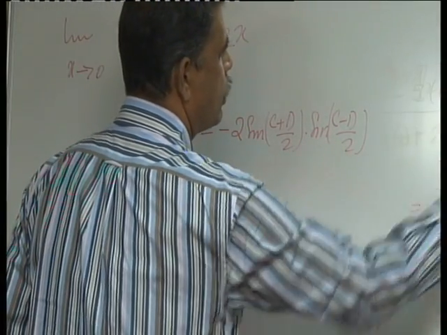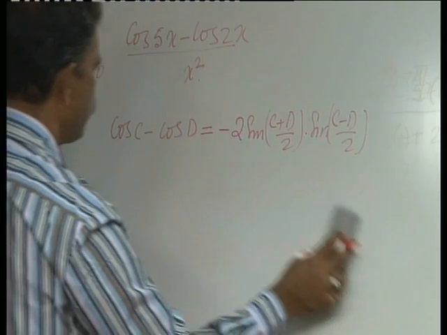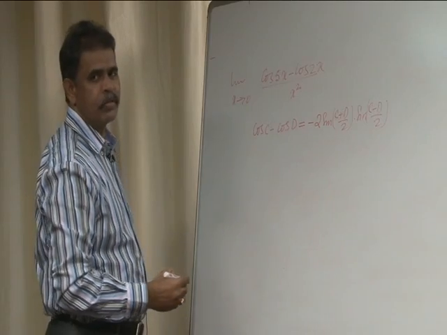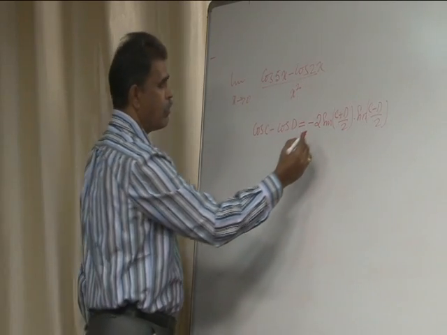Cos C minus cos D is equal to minus 2 sin of (C plus D) by 2 into sin of (C minus D) by 2. What is C?